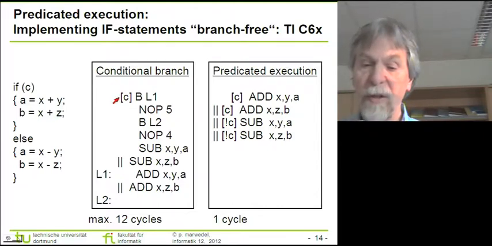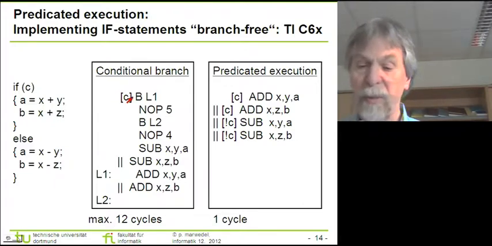So if this predicate evaluates to true, we are actually branching to label L1, where we will be performing the two add operations, implementing this set of instructions there, or the set of assignments there. But the branch will not be immediate.